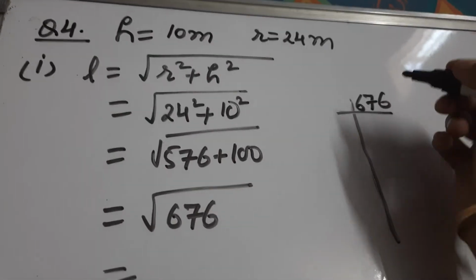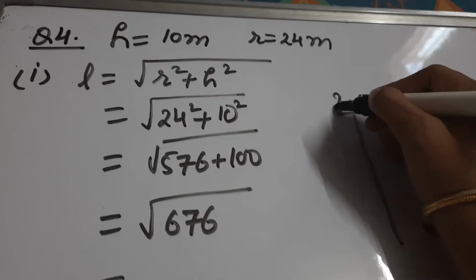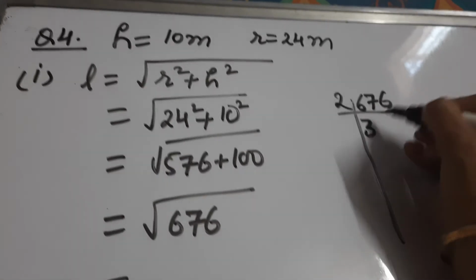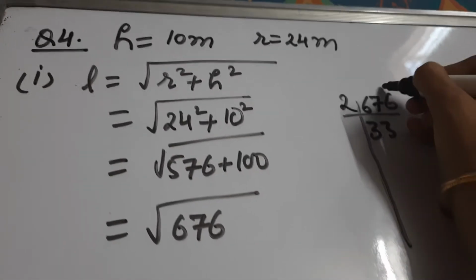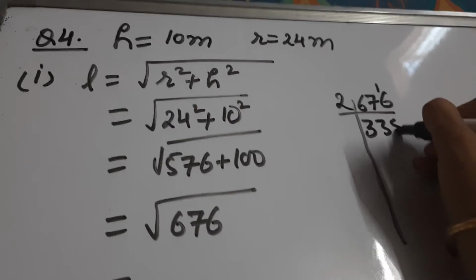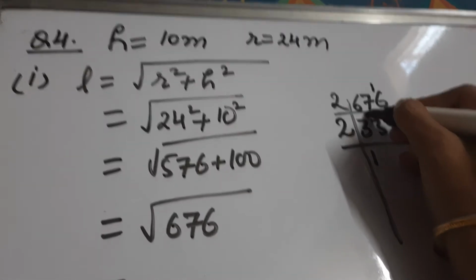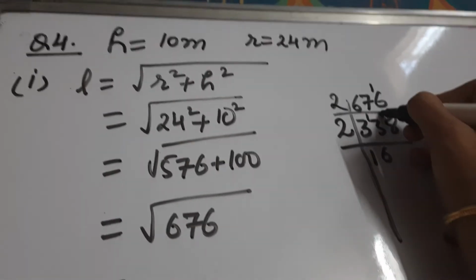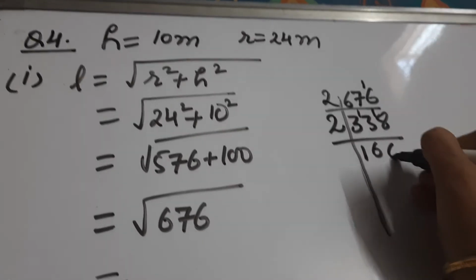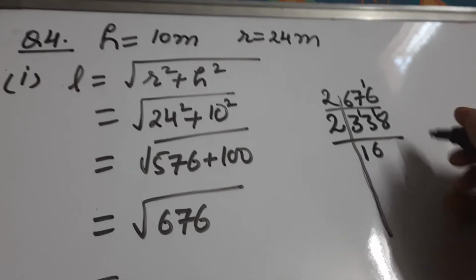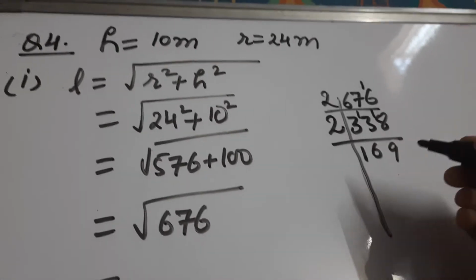676. So let us go with 2 as it is even. 2 threes are 6, 2 threes are 6, carry 1. 2 eights are 16. So 169.